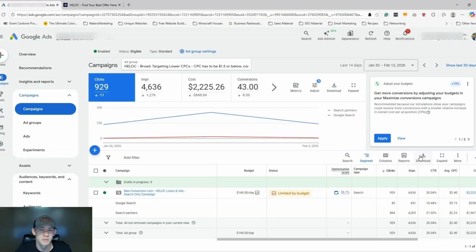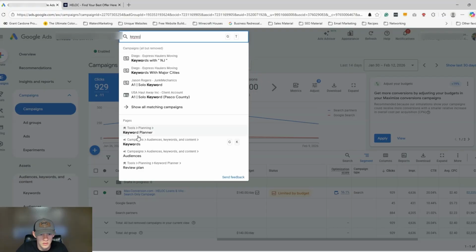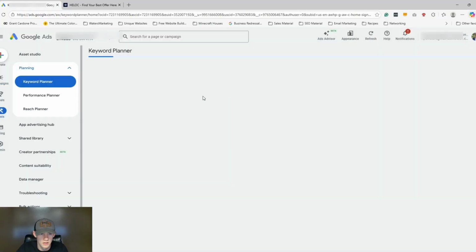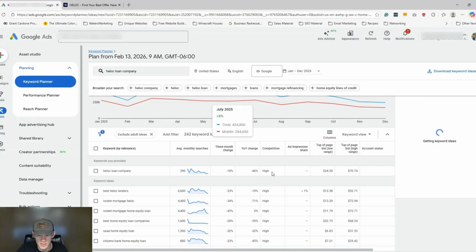So to give you some context, this is a nationwide company. Leads need to be lower than $50 or around $50. In the HELOC loan space, or in the loan space in general, the CPCs are very high. Let me show you. If we look at the keyword planner for something like HELOC loan company, we're going to see CPCs from $25 to $70.